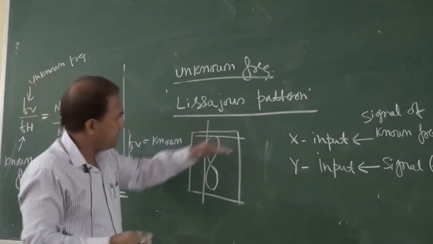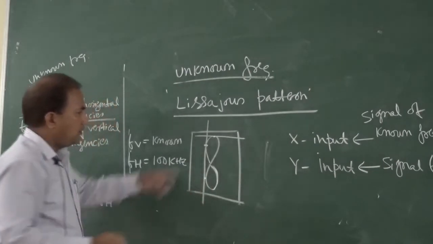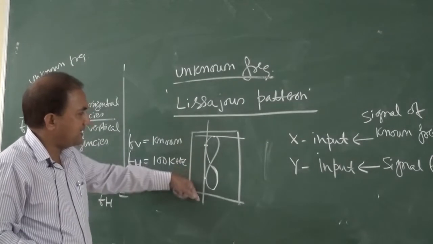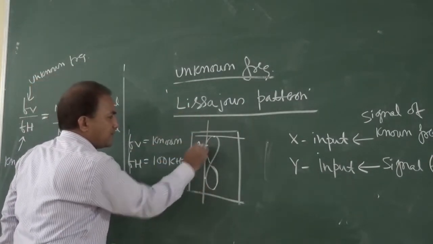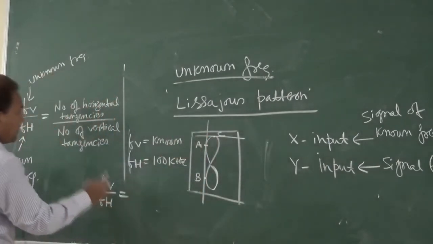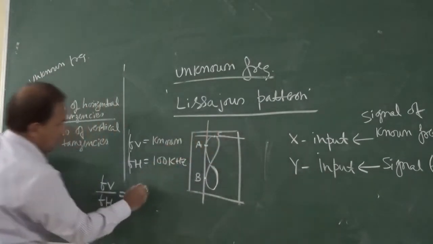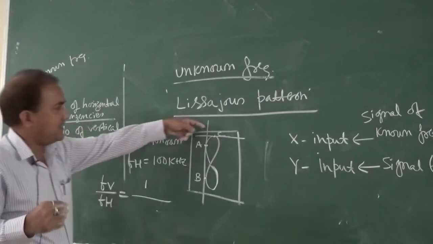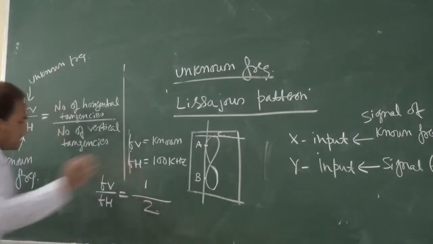You can see this is 1 and this is 2. Two lobes, two tangent points. Suppose this is point A, point B, and this is point C. The number of vertical tangencies is 2.